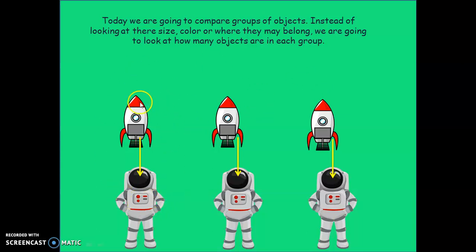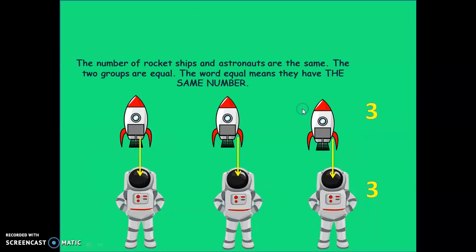So this group has an astronaut, this group has an astronaut, and this group has an astronaut. And they both have 3. So the number of rocket ships and the astronauts are the same or identical. The groups are equal. Each group has 3. The word equal means that they have the same number in each group.